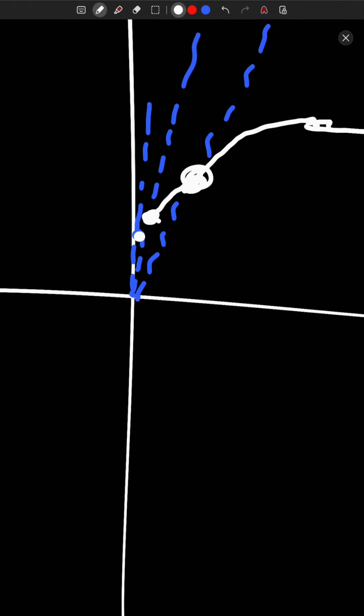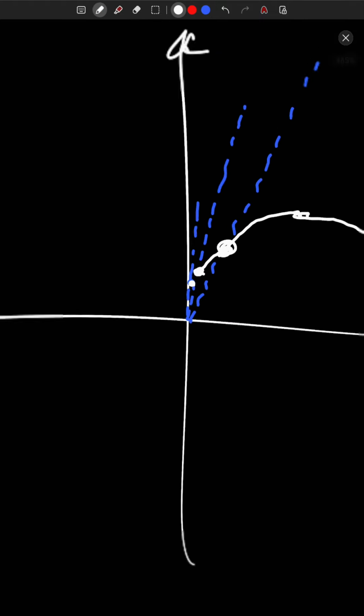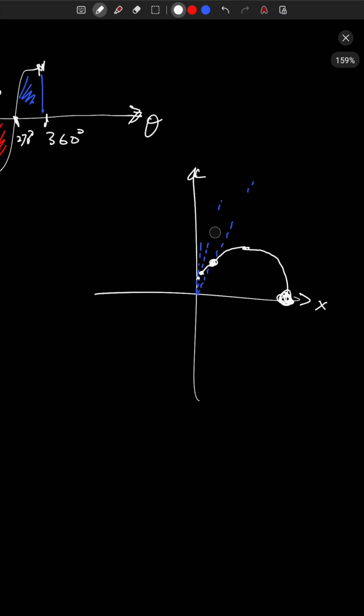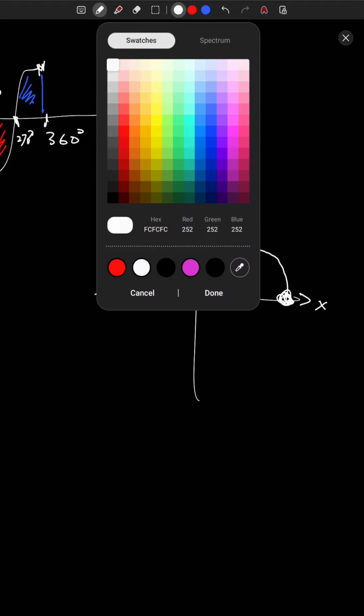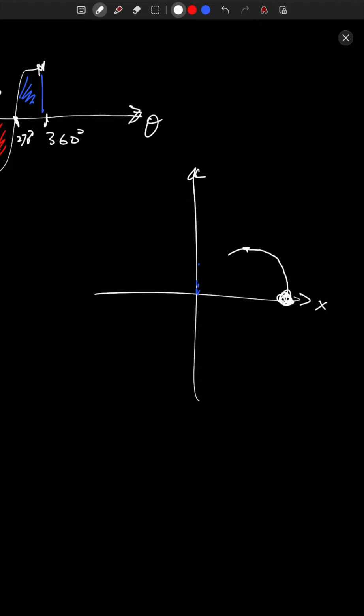Ultimately, when we are at 90 degrees, we should be at the origin, and so we should be getting tangent like that.